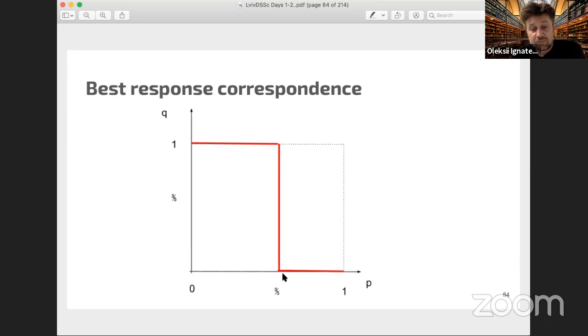If p is bigger than 3/5, then it's better for me not to ask. But if p is equal to 3/5, then I am indifferent between any possible choice.